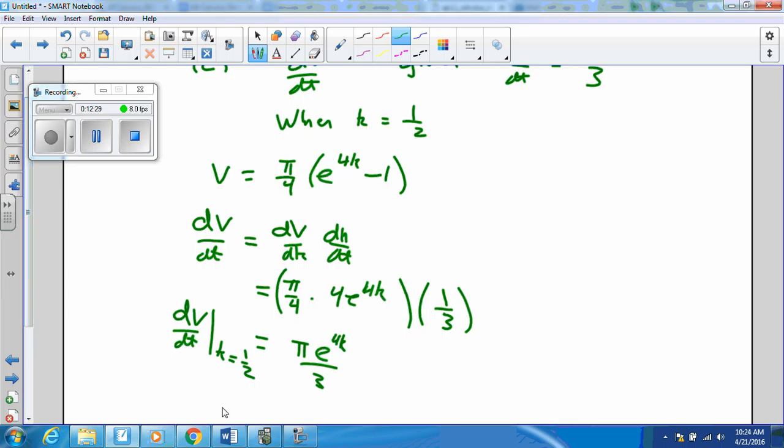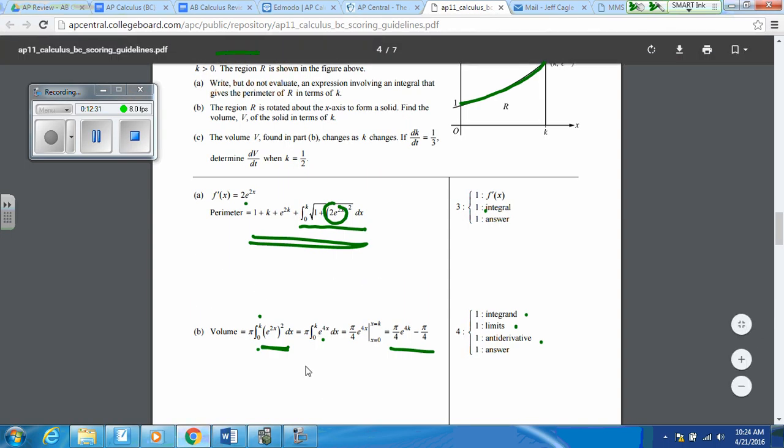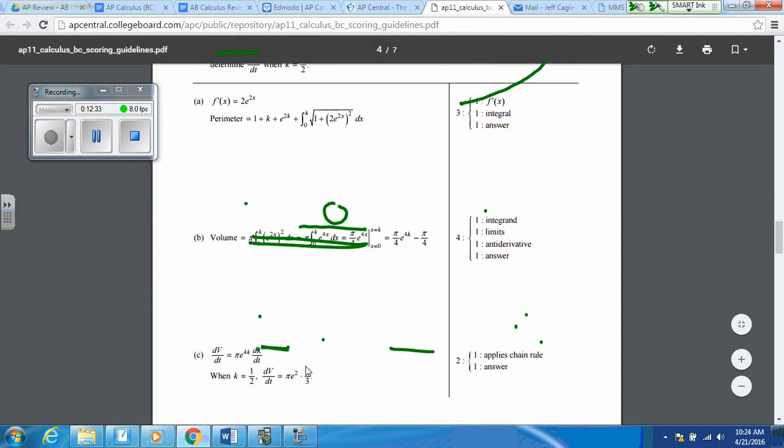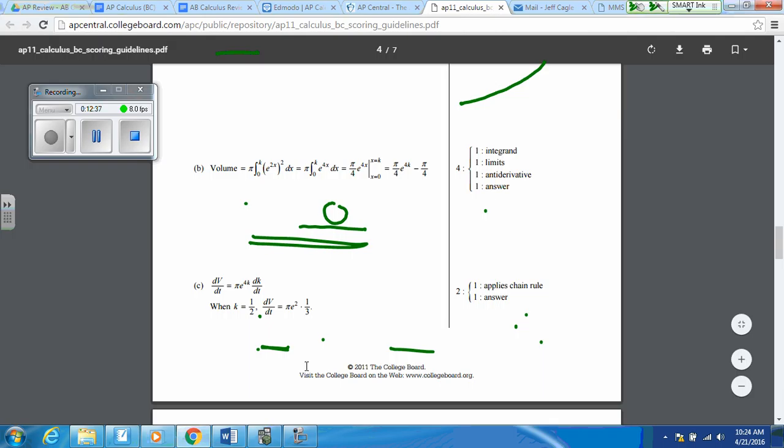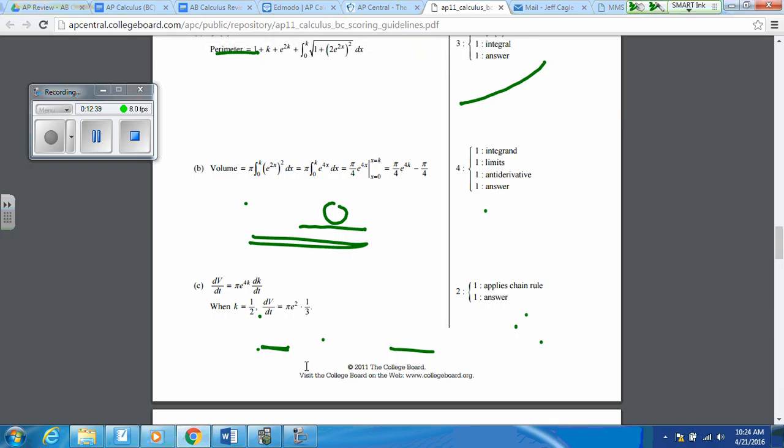And they scored it as 1 point for applying the chain rule and 1 point for the answer. And that was kind of it.